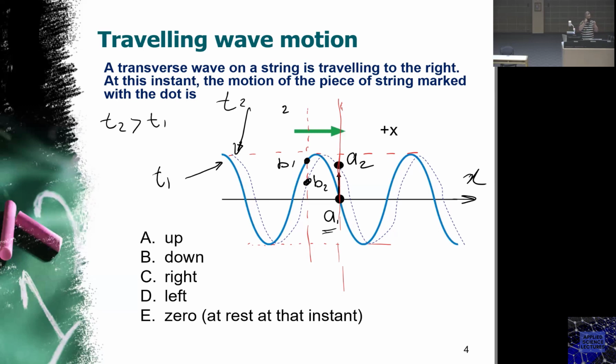It depends on the location with respect to the wave. Is this understood? Is that clear? Okay. So the answer to A1 is up. But if I ask you about B1, the answer should be down. Okay.